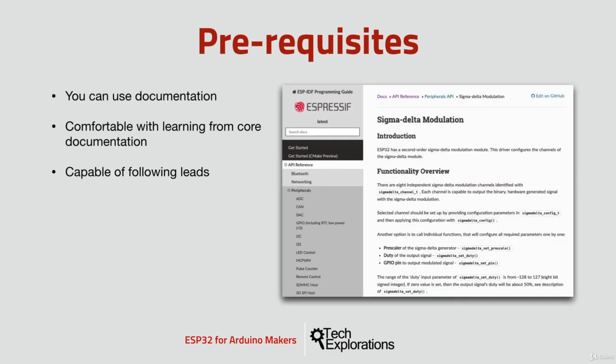Another thing that we'll be doing a lot here in this course is to look at documentation, especially the Espressif documentation that looks like this. This documentation gives us a lot of insight on what is going on with the hardware of the ESP32 and with its API, with its programming interface. So I'll be digging into this documentation quite a lot, and it's important for you to not be afraid of it, to be comfortable looking at documentation, even if you don't understand everything in it.